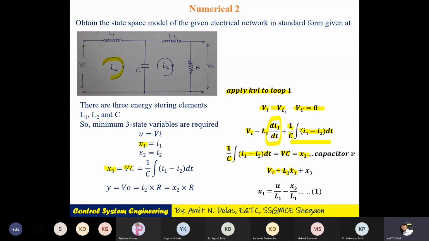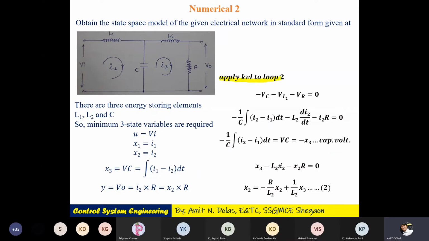This state is nothing but x3, we have already seen it. Instead of VI put U, because VI is nothing but U, and take it in terms of x dot. We took x dot to this side and we get U by L1 minus x3 by L1. In a more appropriate form, you may write x1 dot is equal to 1 by L1 U minus 1 by L1 x3. This is equation number 1.